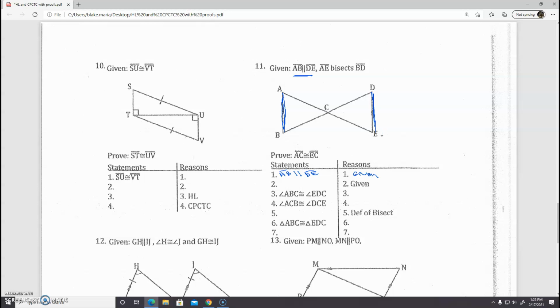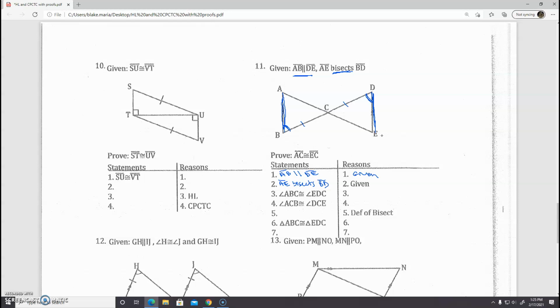And then they also gave me AE bisects BD. So AE is cutting BD in half. AE is cutting BD into two equal pieces. And that's what that word bisects means to you, right? Two equal pieces. Now here it says angle ABC is congruent to angle EDC.